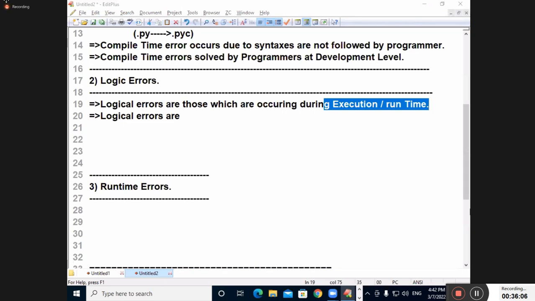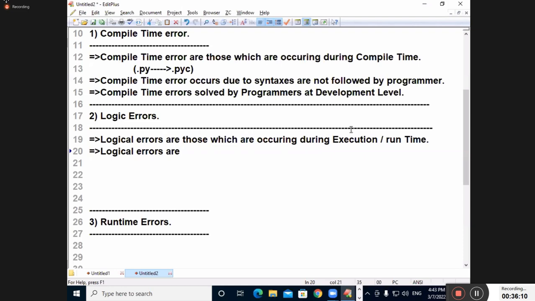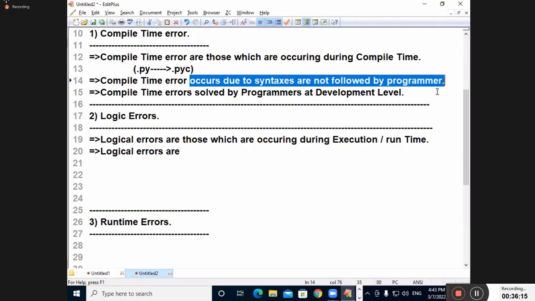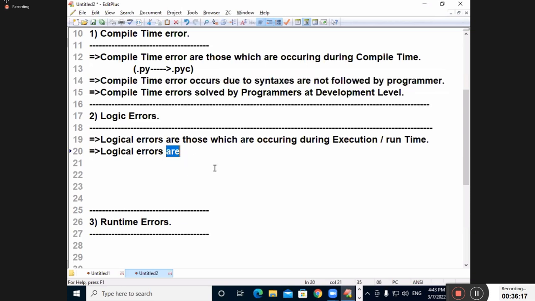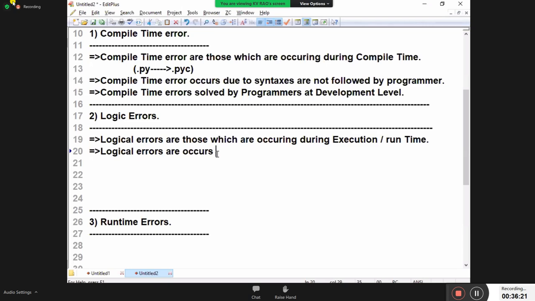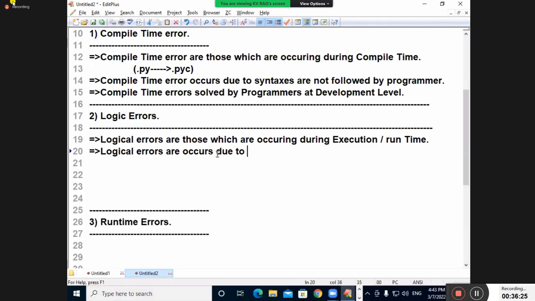So, come on, students. Logical errors are those which are occurring due to what? Execution time. I am writing: logical errors are those which occur due to wrong representation of logic.